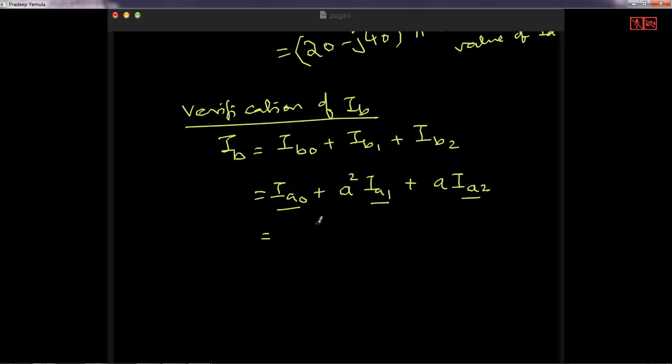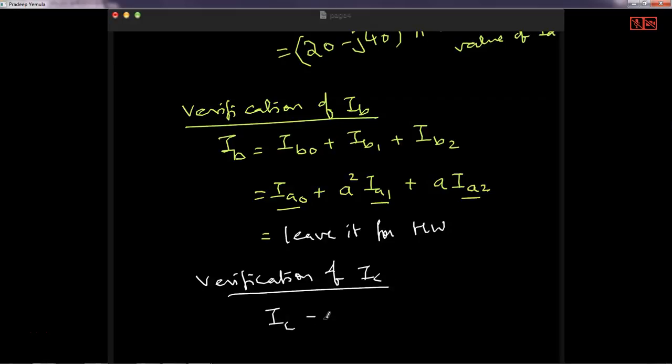This I'll leave for homework. Similarly, verification of IC: is IC equal to IC0 plus IC1 plus IC2? This is what we'll have to verify.